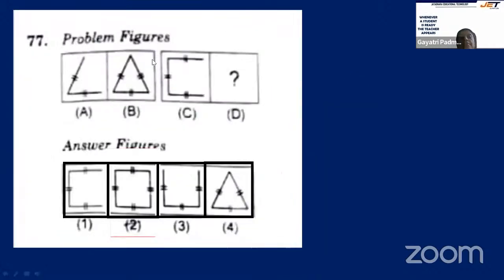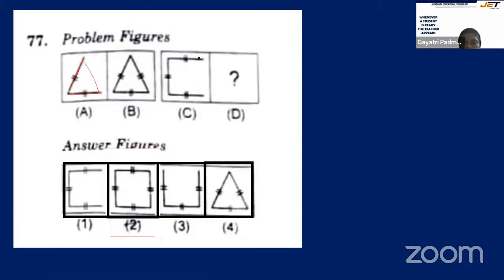Yes, this is a very simple question whereby you have in figure A, the 2 lines are facing like this, right? So you can see one line facing upward and the other one is the horizontal one. All right. So see the second one, this is closed, this is closed.